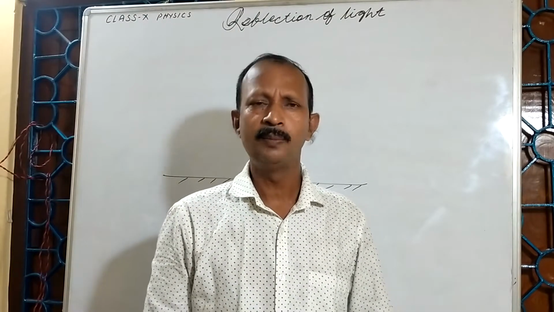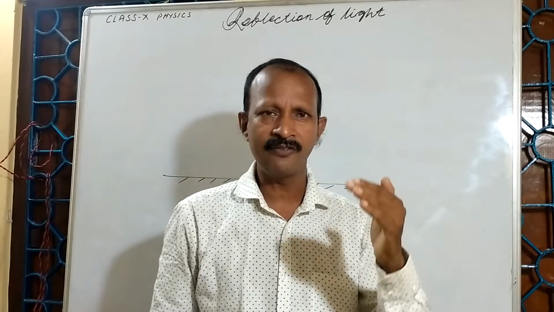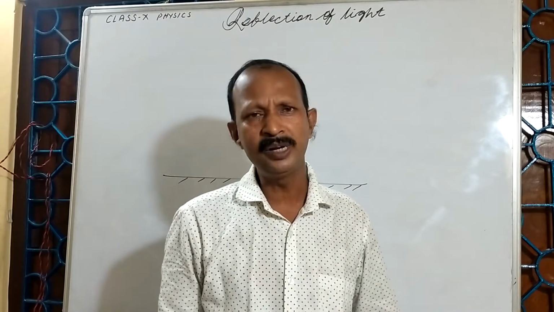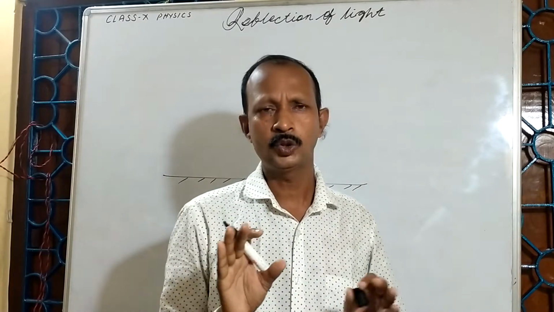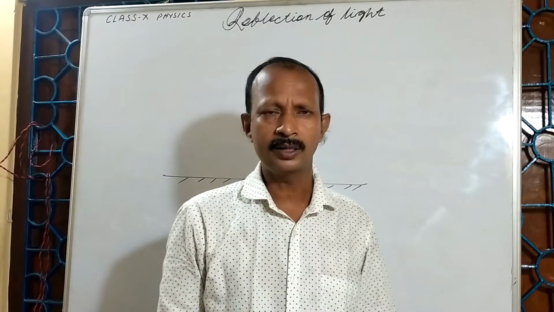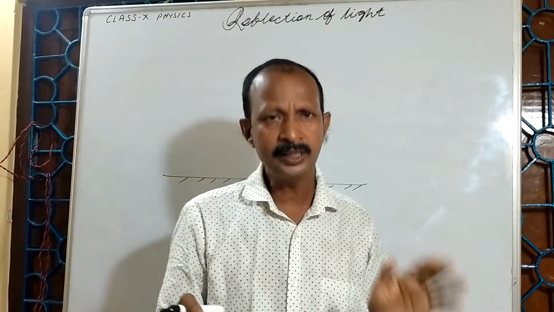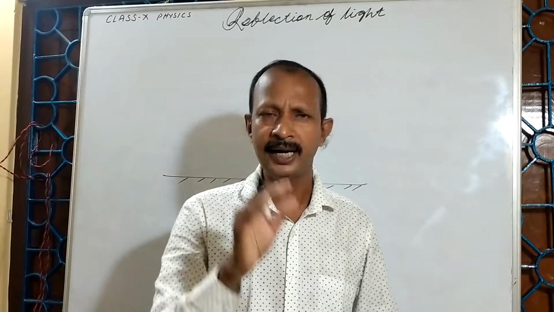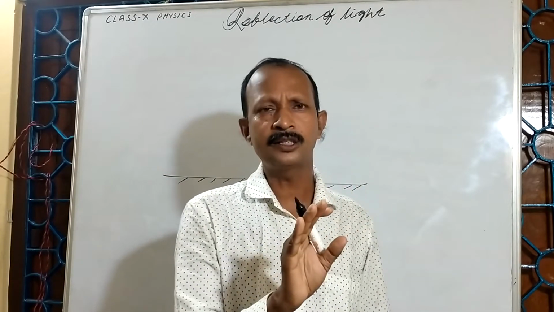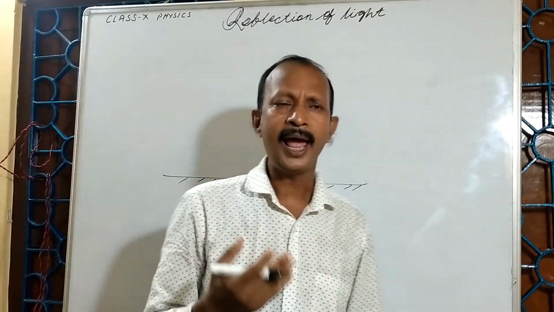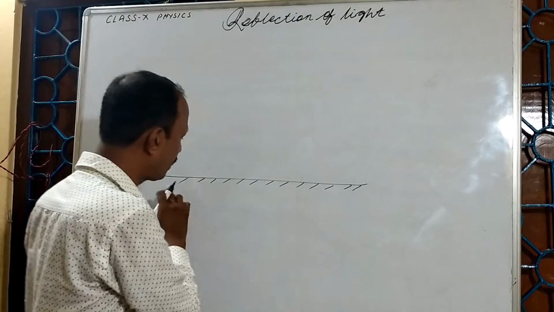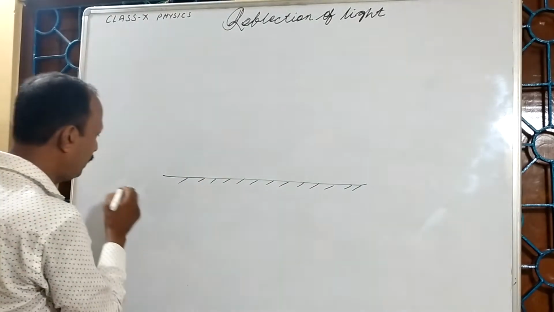But nowadays most mirrors are coated with aluminium due to the high cost of silver. So a plane mirror is nothing but a glass sheet with one surface painted with reflecting substances like silver or aluminium.